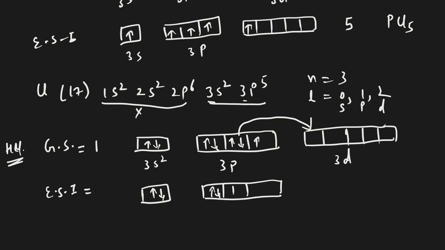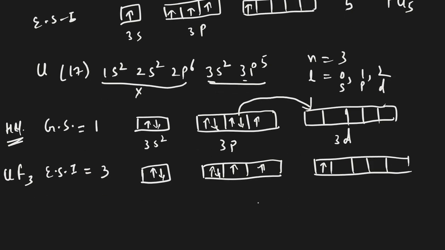So how many unpaired electrons are there? 1, 2, 3. So in the first excitation the unpaired electrons are 3, that is why the covalency which is possible is 3. One of the examples is ClF3. So here it can form 3 bonds.